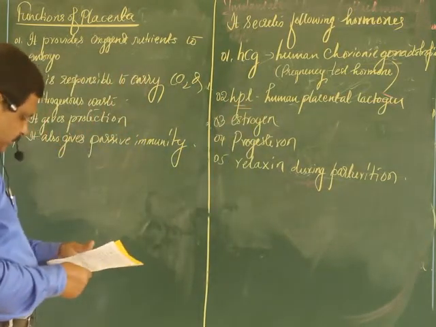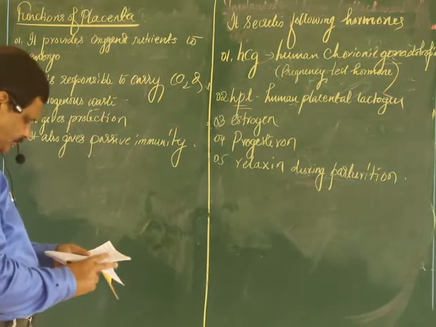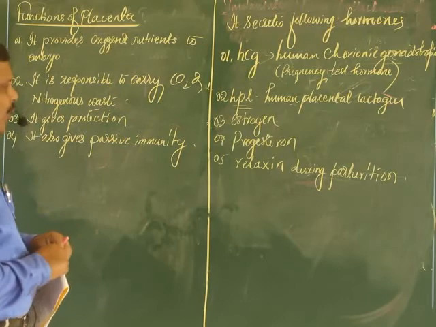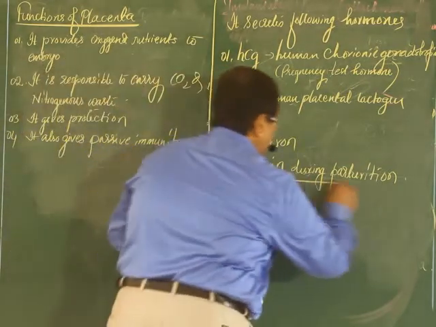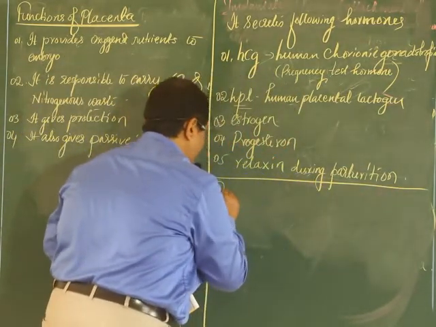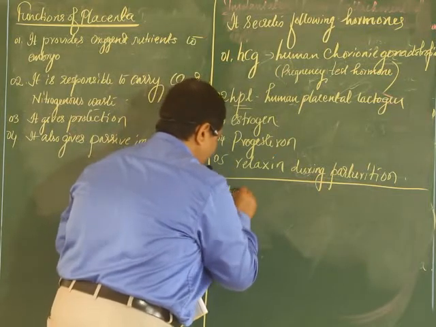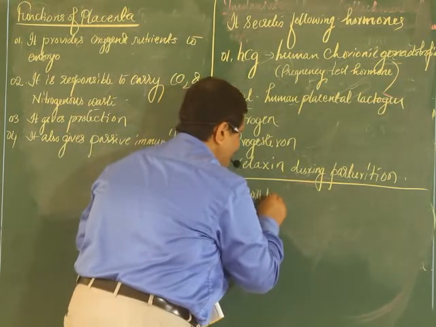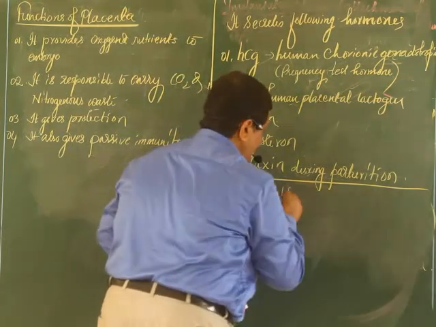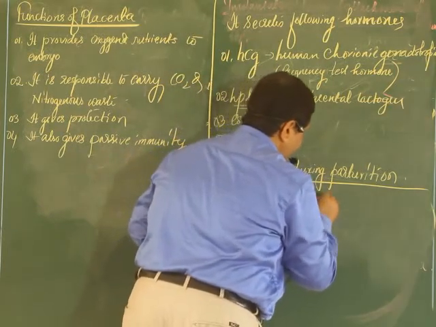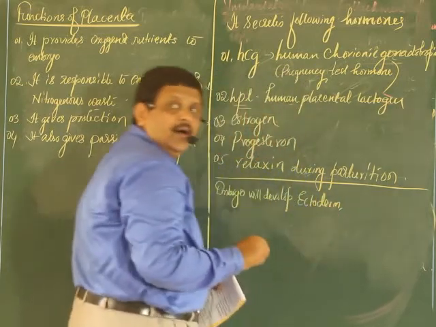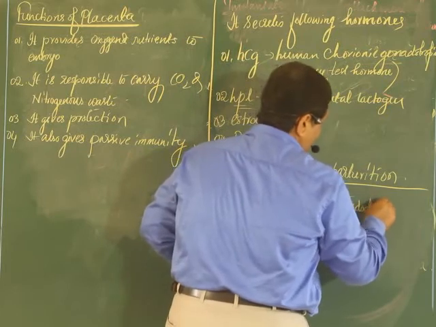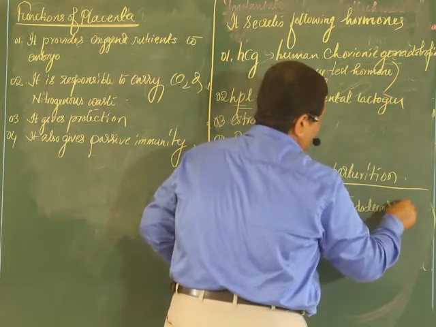Then the embryo will develop ectoderm, endoderm, and mesoderm.